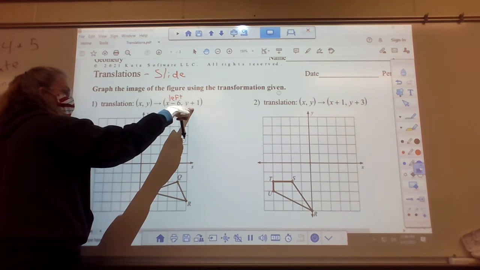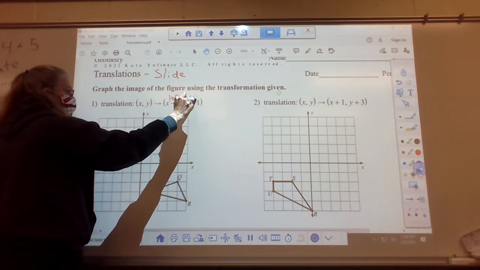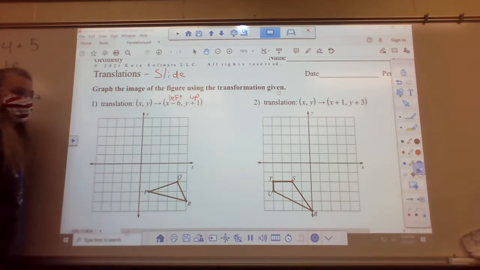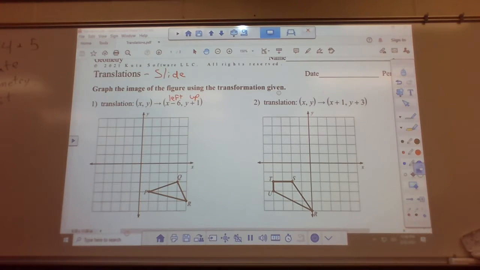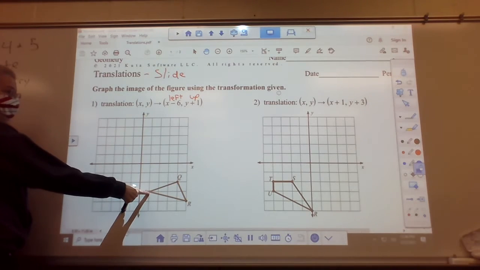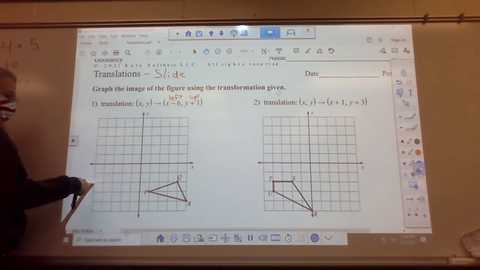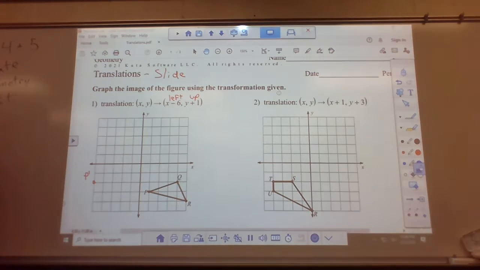If it's y plus 1, I'm going to go up. Remember, the x's are left and right. The y's are up and down. And now you just count it out. Here's my original P: 1, 2, 3, 4, 5, 6, up 1. There's my new P. I'm going to put a little P prime there.